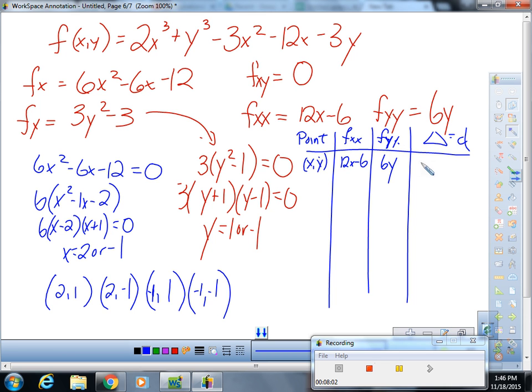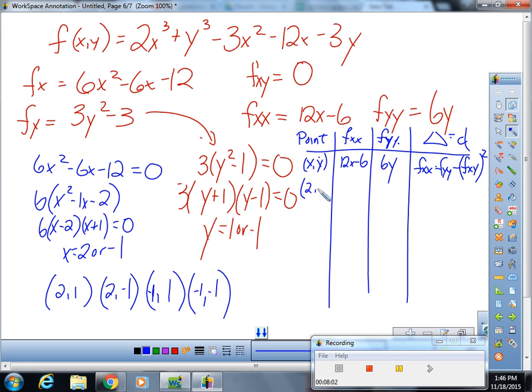This is f sub xx times f sub yy minus f sub xy squared. Well, f sub xy is 0 in this one, right? Okay? So, now we just test our points.